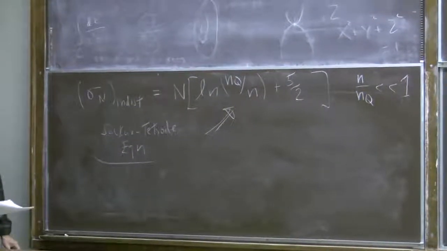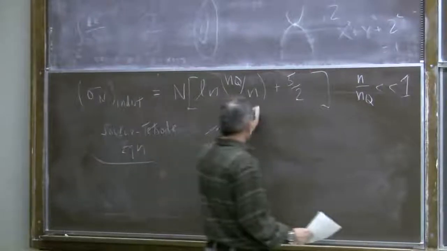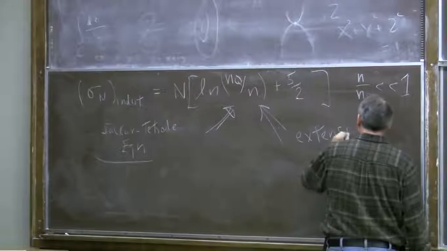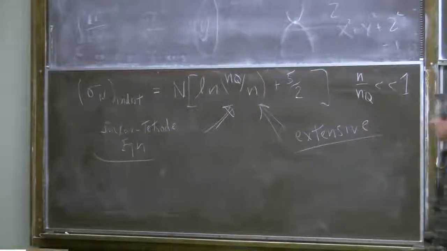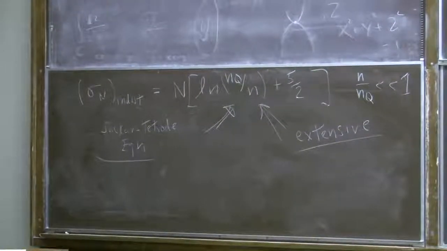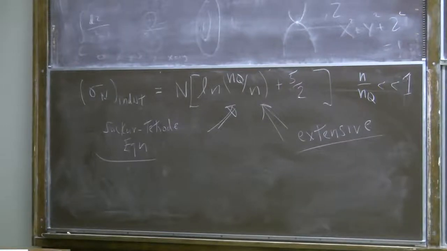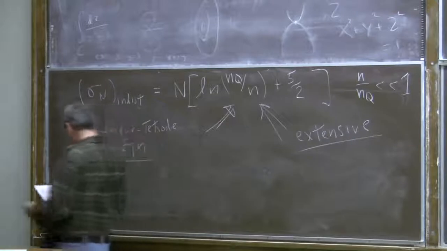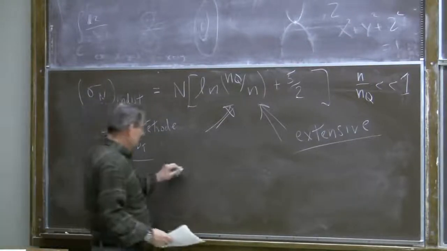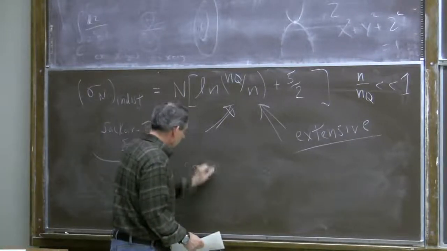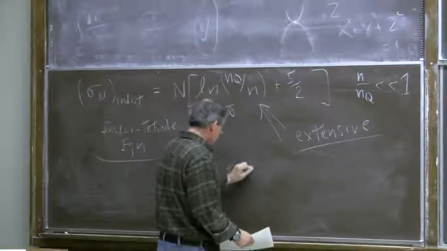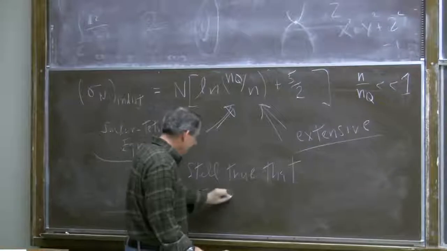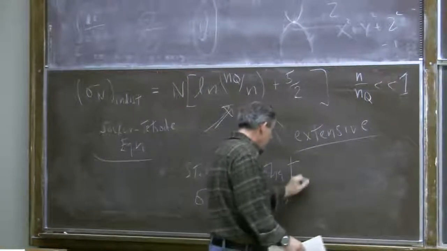So sure enough, we fixed the problem. It's now extensive. The entropy scales linearly with n if we keep the concentration fixed. It still has the cool feature, though, that it's sensitive to h bar. Still true that the entropy blows up when h bar gets small.